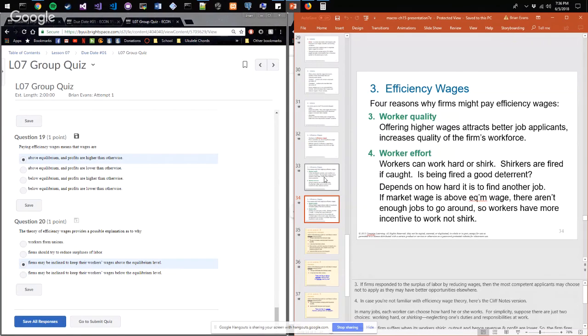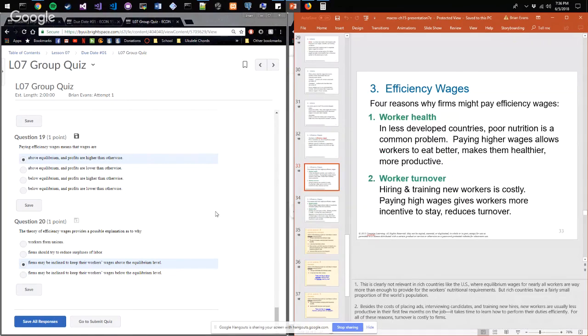It's keeping it above the equilibrium price. Does that make sense? Yeah, I just found that 19. That's correct. The one A that we found. Okay, cool.